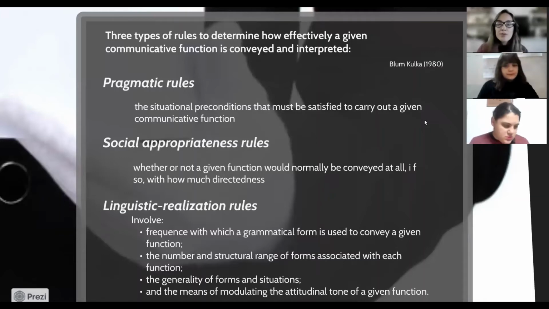So let's suppose that I have to study the function of greetings, right? Any function. There is language that is appropriate for greetings and some that is not, right? And sometimes I can greet someone even when I don't use the most frequent words or expressions.